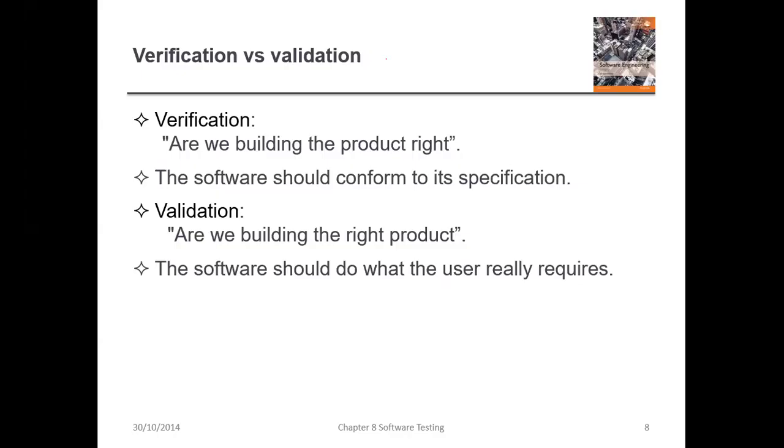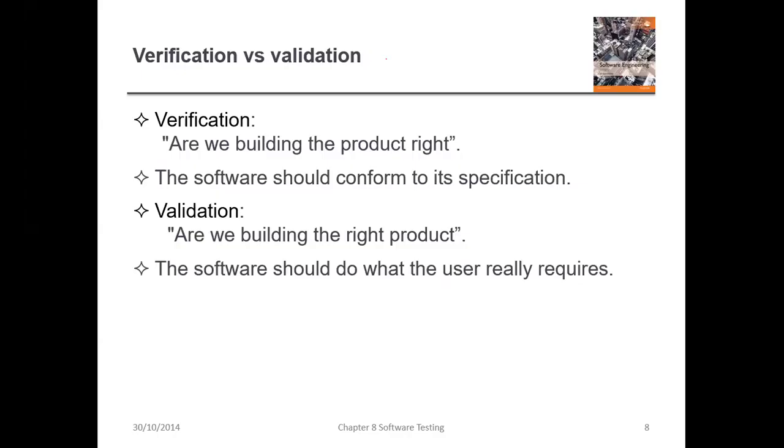If you look at these two questions, the verification question is addressing the process that is used to build the product. So it's asking, are we building the product right? In other words, are we using the right approach, the right processes to build the product? That means the software should conform to its specification.